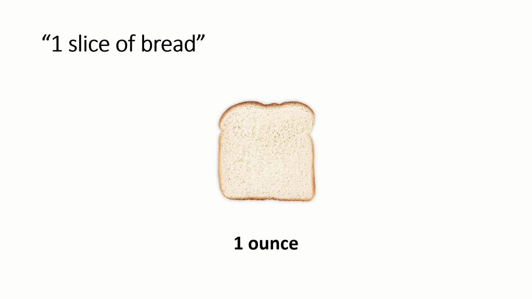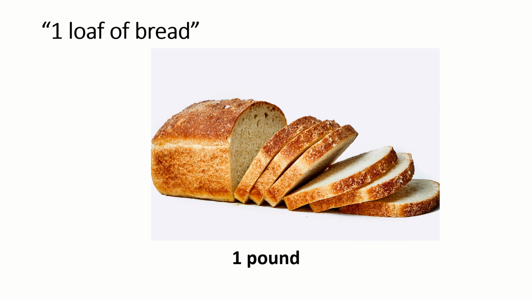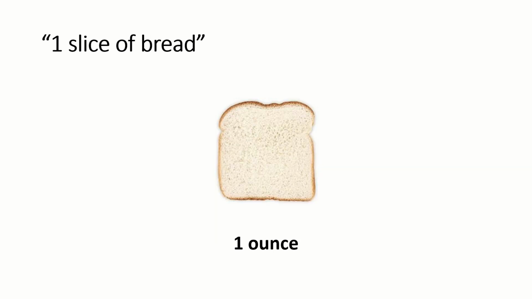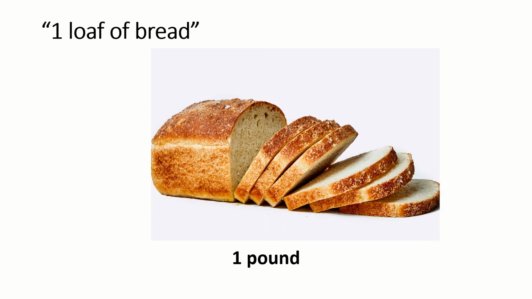This time we'll talk about the common units under US customary or English system. So one slice of bread is 1 ounce. And then one loaf of bread, just try to imagine, you can have 12 slices of bread to come up with one loaf of bread.